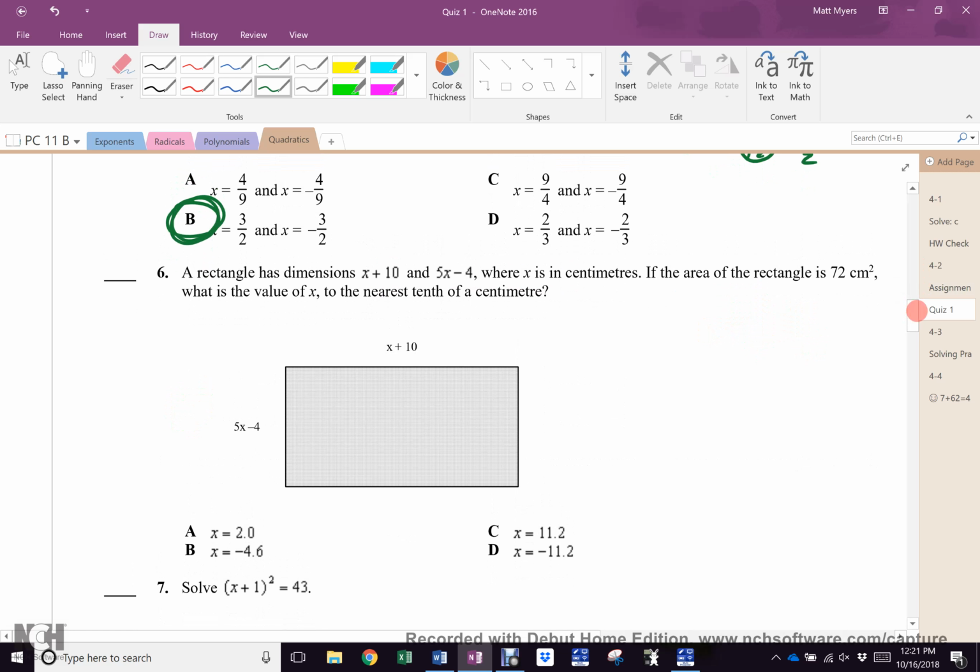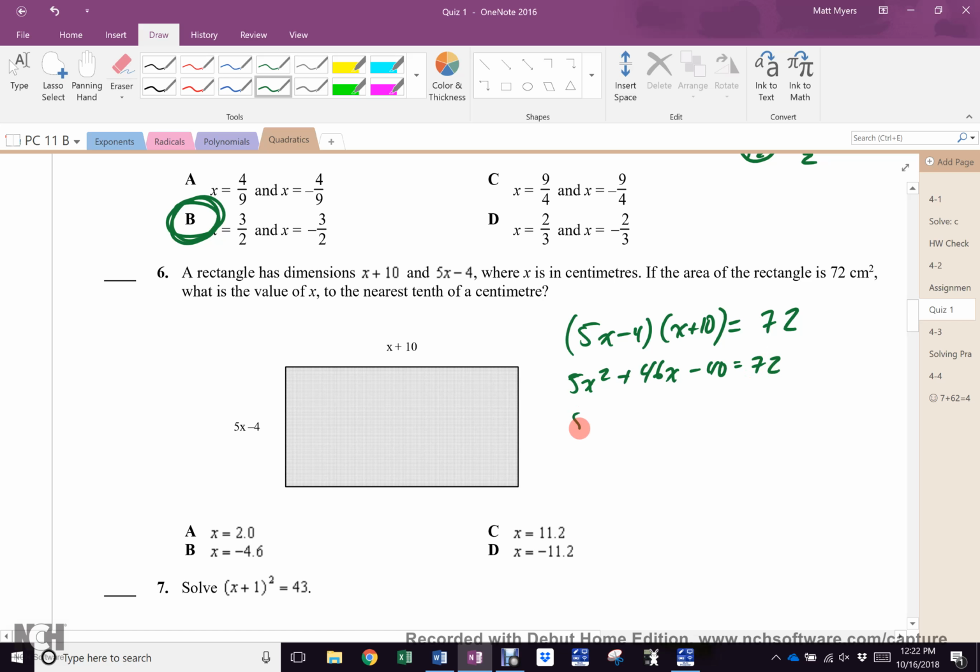And this one's a little bit tricky. What do you know about this question? You know that 5x minus 4 times x plus 10 has to equal 72, yeah? So you also know that 5x squared plus 46x minus 40 has to equal 72, yeah?